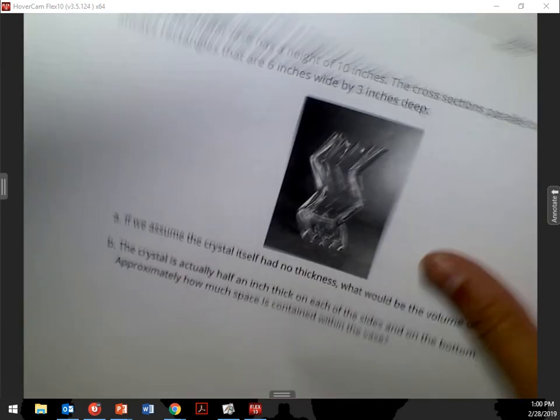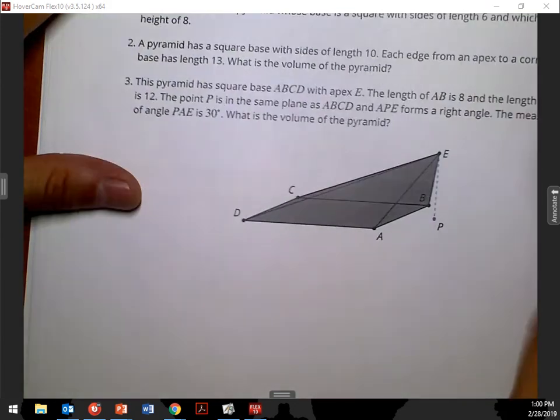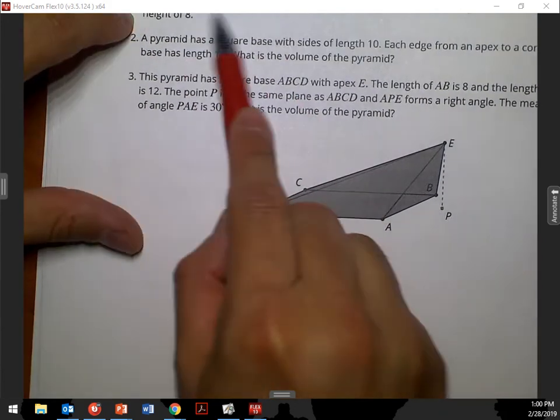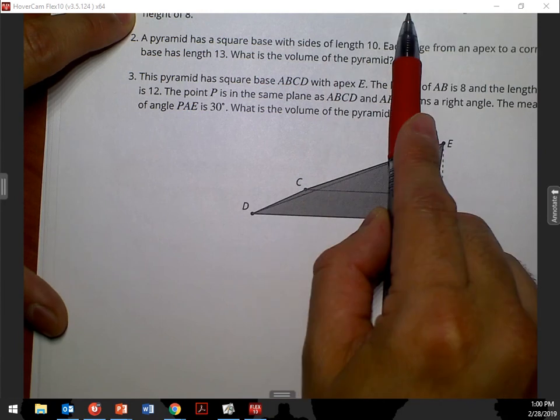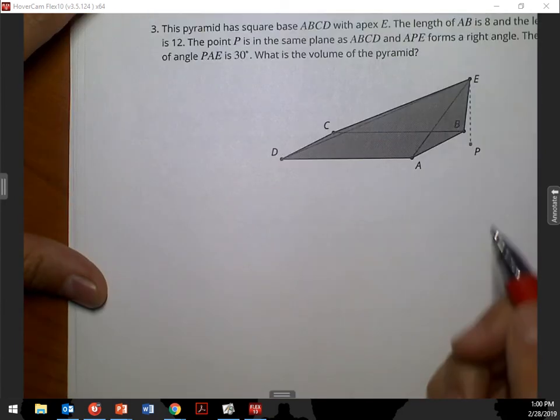All right. Okay, I'm going to skip this one. Find the volume of a pyramid whose base is a square with side lengths of 6, height of 8.